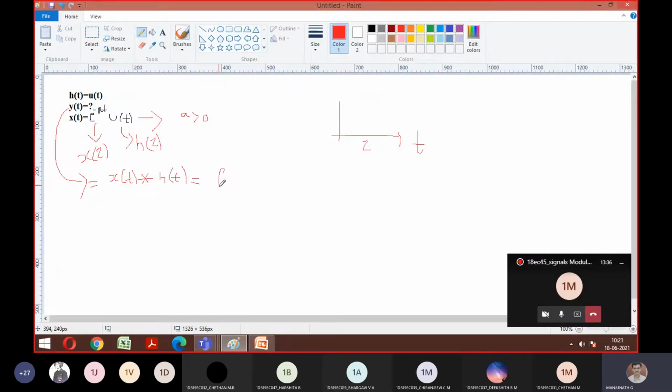It was integral minus infinity to plus infinity x of tau into h of t minus tau d tau. So this is the formula.